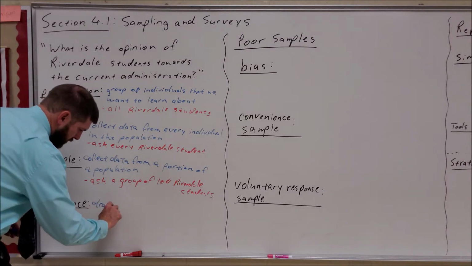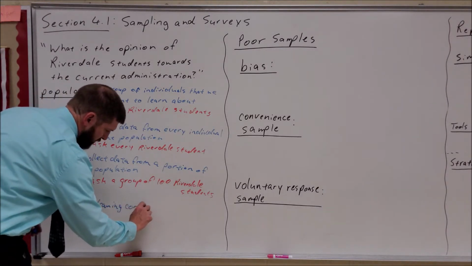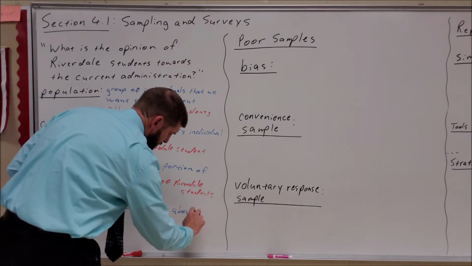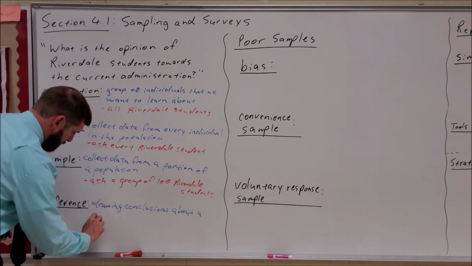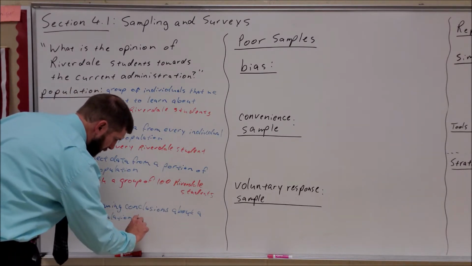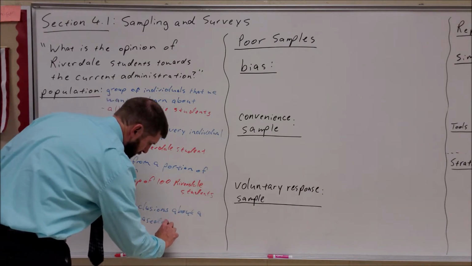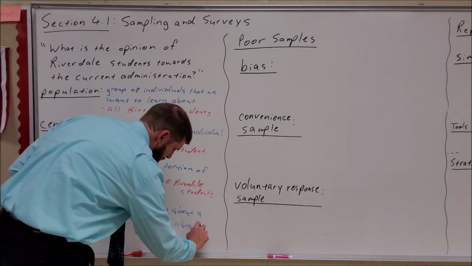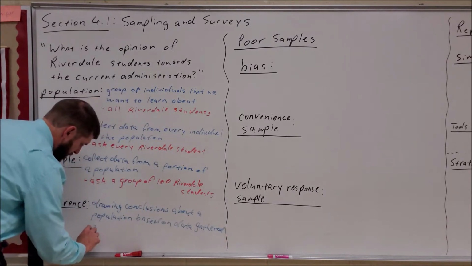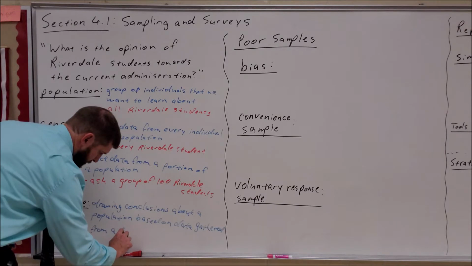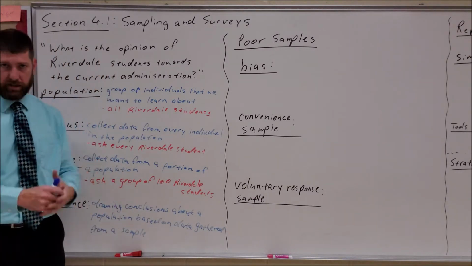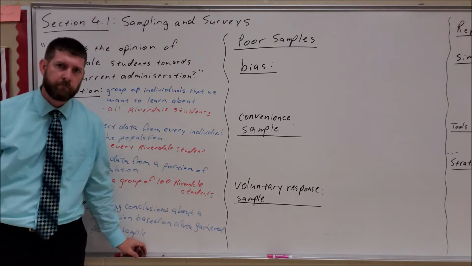Inference is where we draw conclusions about a population based on data gathered from a sample. So what did this small group tell us about the group as a whole?